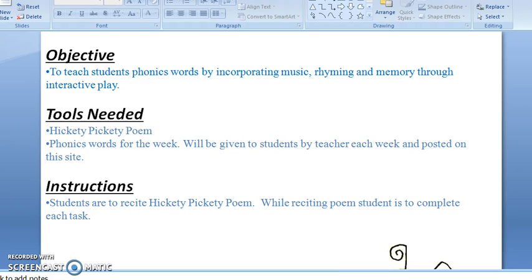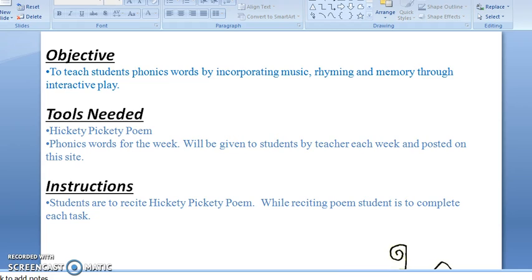This is given to students at the beginning of the week. It's given to them in their journal books, and also it is sent home on their work packet for the week. But in the event that your student doesn't show them to you, they will also be posted on our site in the near future.